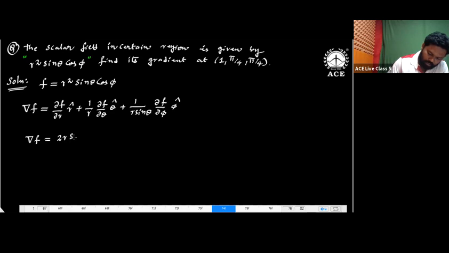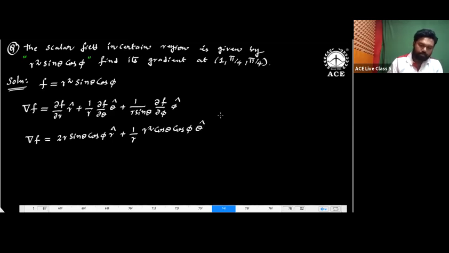So what is the gradient of f? I am directly writing 2r sin theta cos phi r cap plus 1 by r into r square cos theta cos phi theta cap. Differentiation is with respect to what? Phi, the last one.